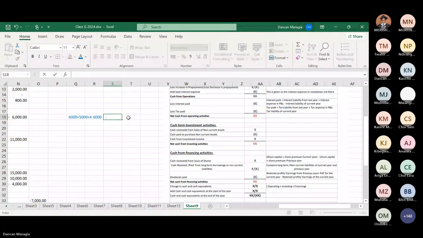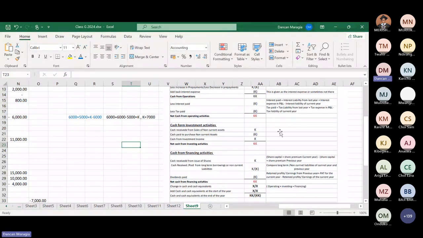Okay, let's do this: 6,000 plus 6,000 minus 5,000 equals K. 7,000. Yes. So K equals 7,000. That means the tax expense was 7,000.